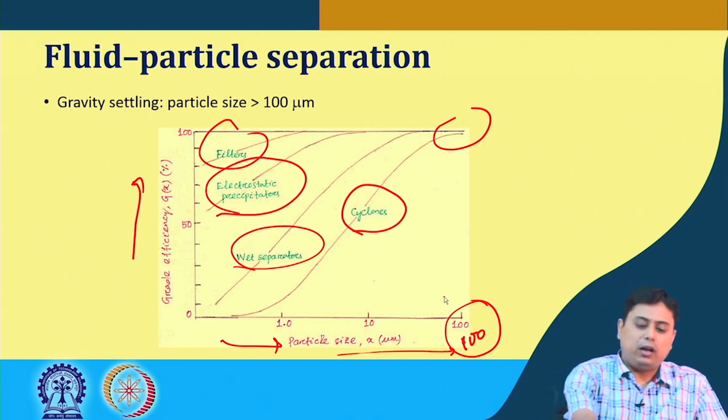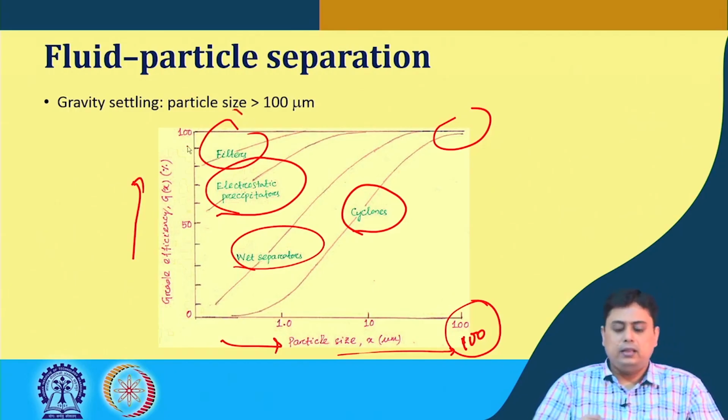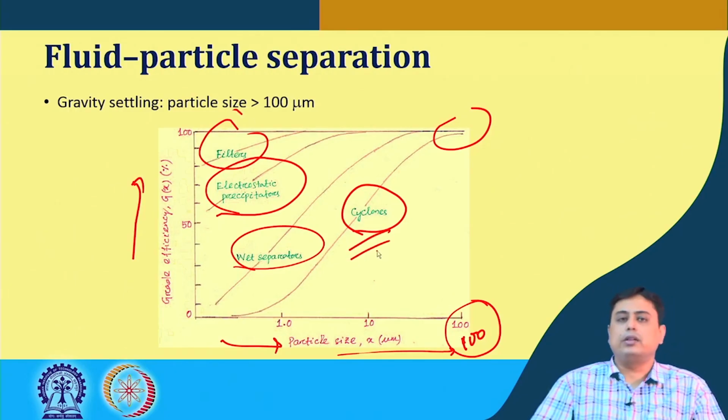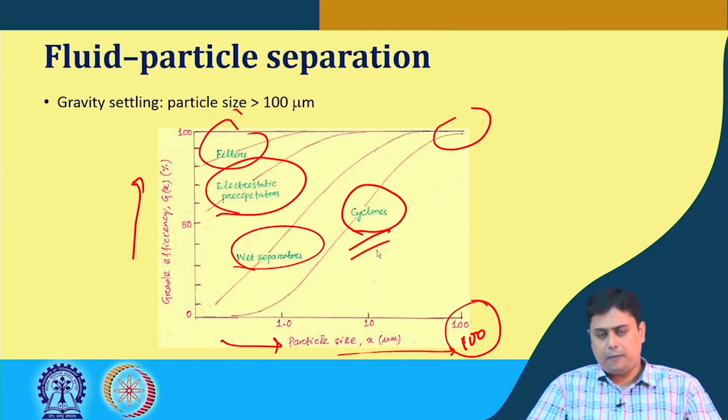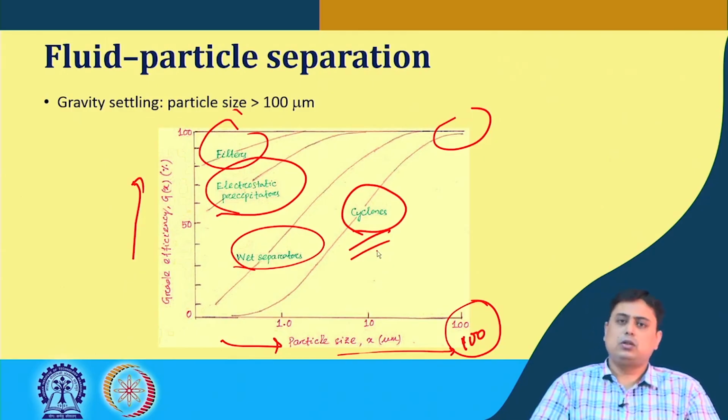The filter is one of the extremes, and in this diagram the cyclone is the other extreme. If there are coarser particles in the range of 100 micron maximum size, a cyclone separator is used for coarse material separation. It is not the final stage of the separation.